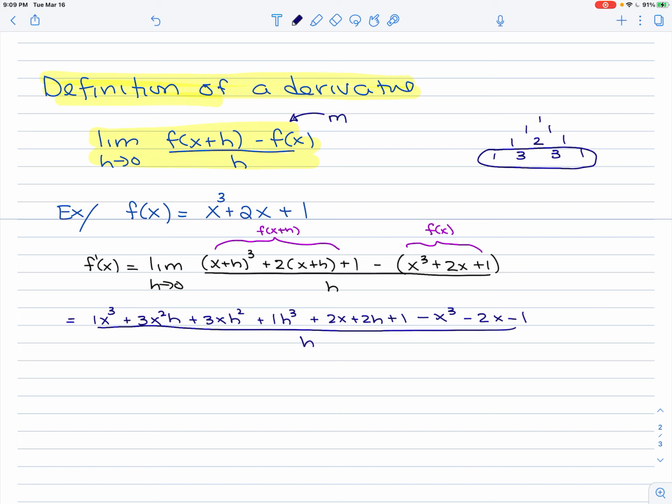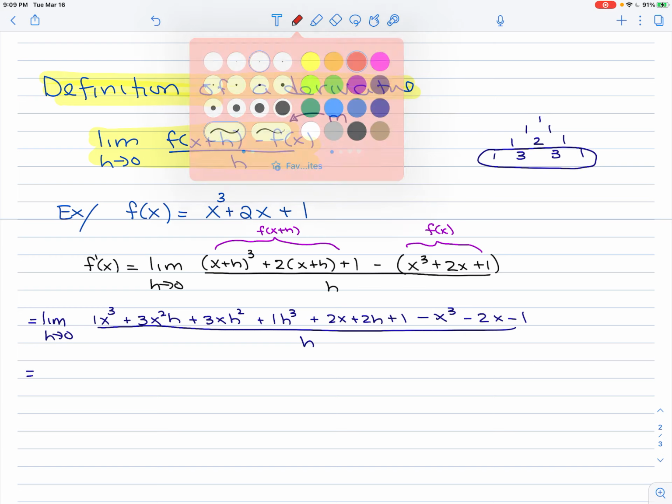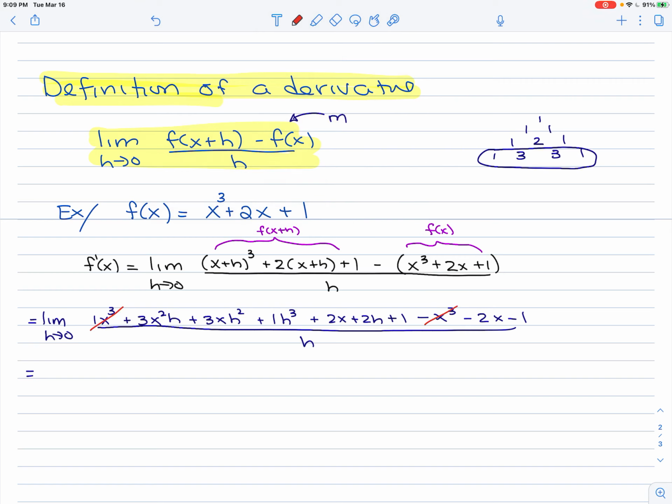And then you should be noticing that I forgot to write limit, and I can't do that until I've let h be 0. All right, so now hopefully some things are going to cancel on the top. So my x cubed cancels. That doesn't cancel.